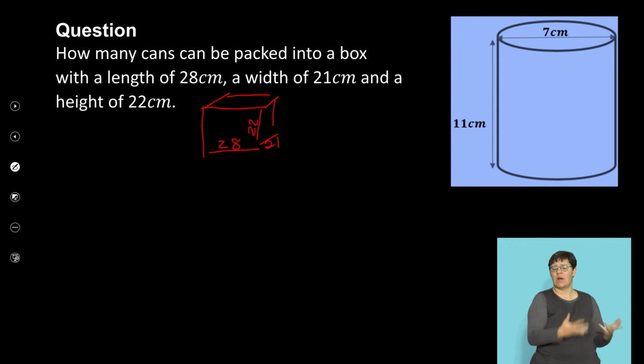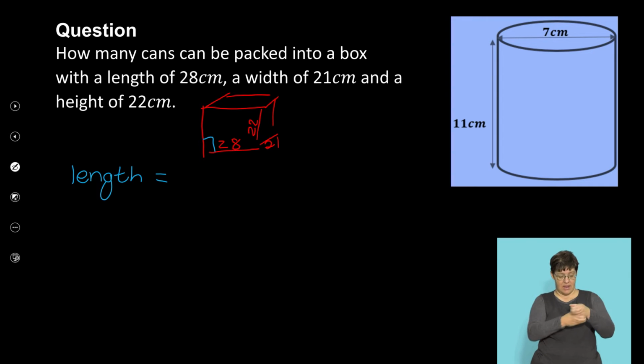So if I'm focusing on the length first, we've got 28 centimeters. And if I'm going to be packing my cans vertically, I want to see how many I could fit lengthwise.